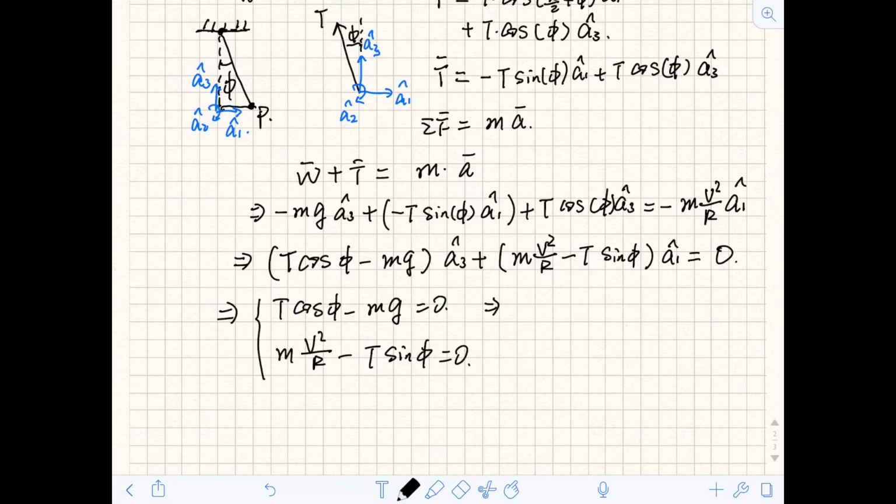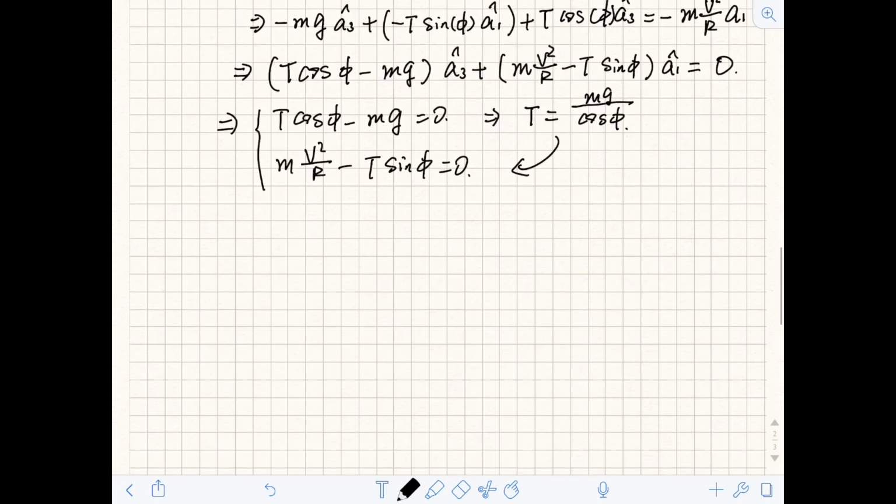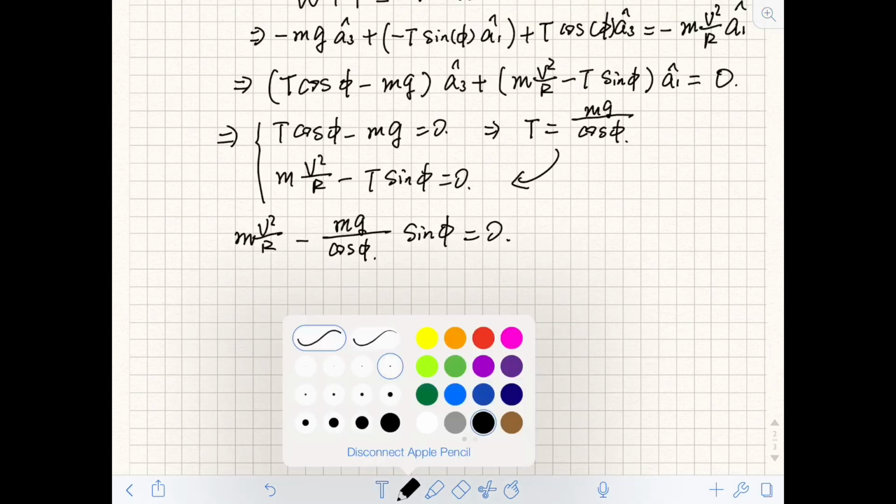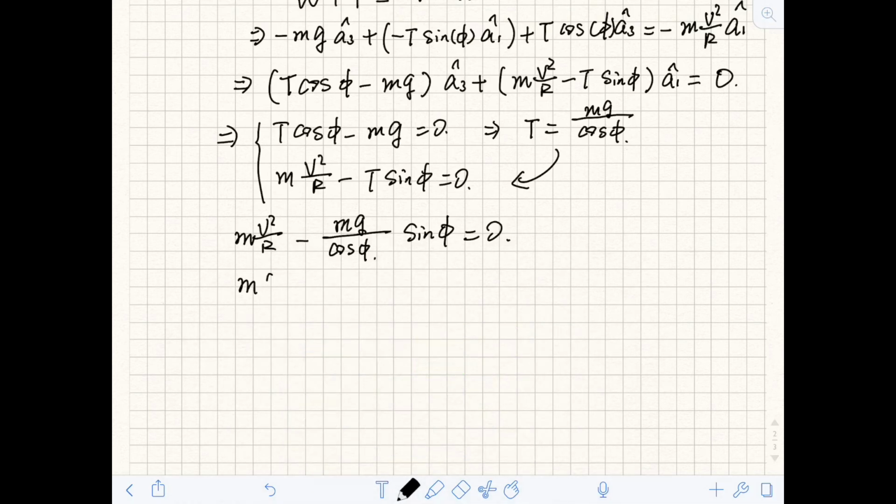So we can replace the T in the second equation using the first one. From the first equation we get T is equal to mg over cosine phi, and let's substitute that in the second equation. We will get m v squared over r minus mg over cosine phi times sine phi equals 0. Let's take the common term out. We have m times v squared over r minus g times sine phi over cosine phi.